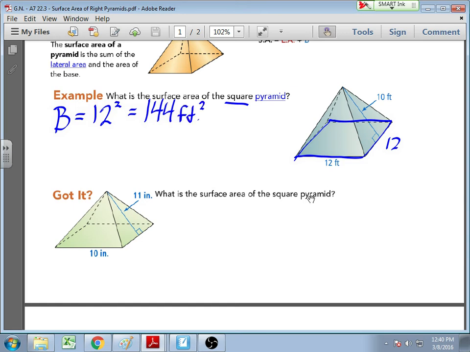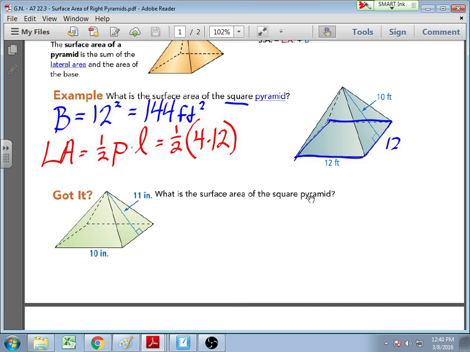We move on to finding the lateral area, and again we want to set up 1/2 the perimeter times the slant height. Never use H here, because it'll goof you up. Always use the cursive L so you remember it's the slant height. So we need to determine the perimeter. My perimeter is just going to be 4 times that edge length, because I have 4 edges, all of 12.